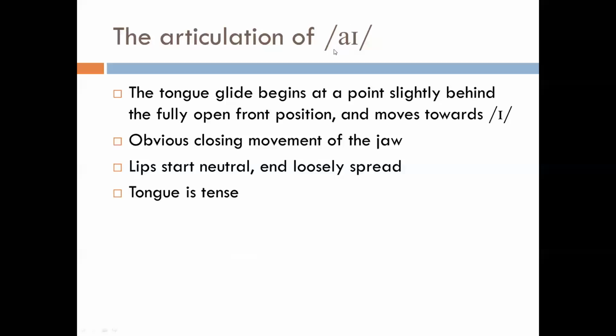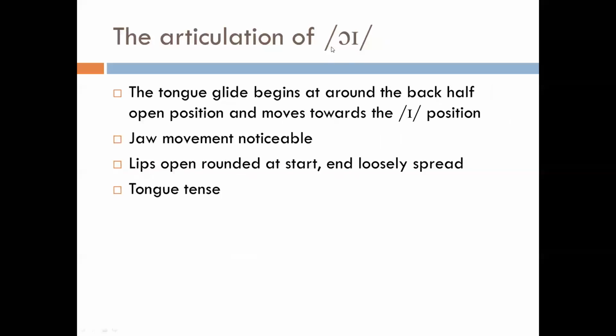This is slightly different, closer to the front of the mouth. The tongue moves from the position for that vowel towards I, as well as some of these other ones we're going to talk about. They all sort of end in the same area. And like all of them, they are closing. The tongue is raising up towards the roof of the mouth.